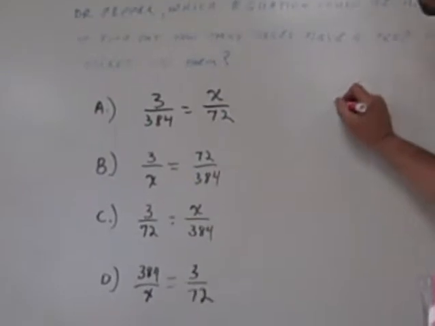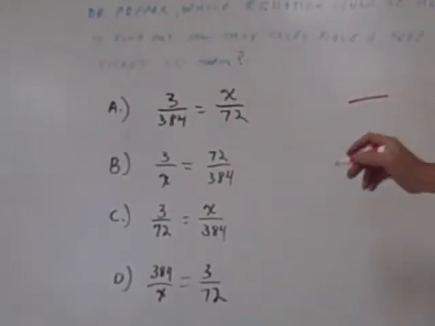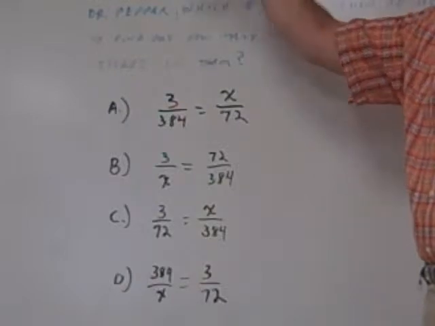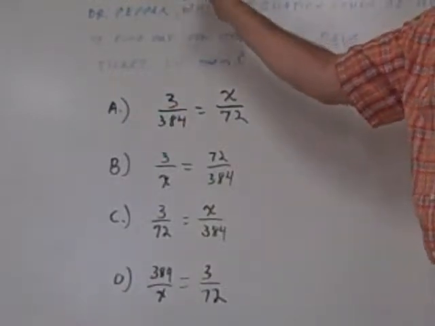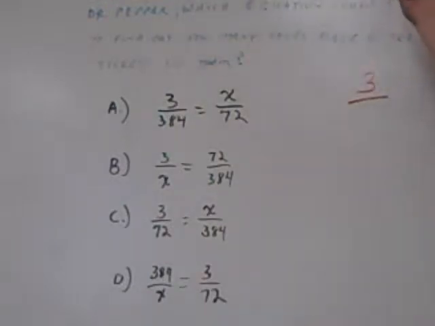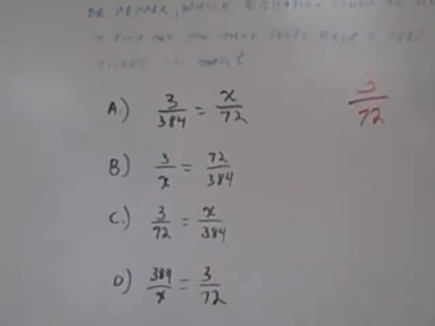So I'm going down here, and the ratio words tell me look in front. And what's in front? 3. Put it on top. And what's behind, we put on the bottom. What's behind? 72.